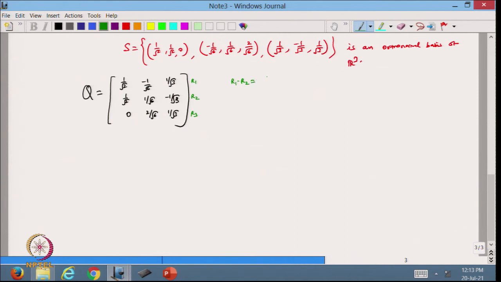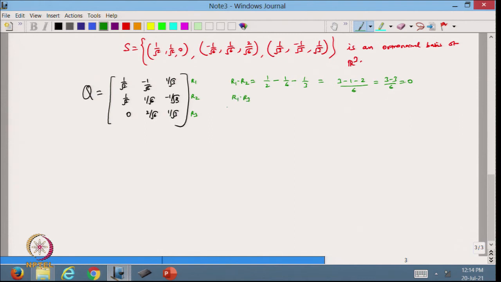So, I can take my dot product of R1 with R2. It will be 1 by 2 minus 1 by 6 minus 1 by 3. I can take the LCM over here, so it is 6. So, it is 3 minus 1 minus 2, so 3 minus 3 by 6, which is 0. So, R1 and R2 are orthogonal.